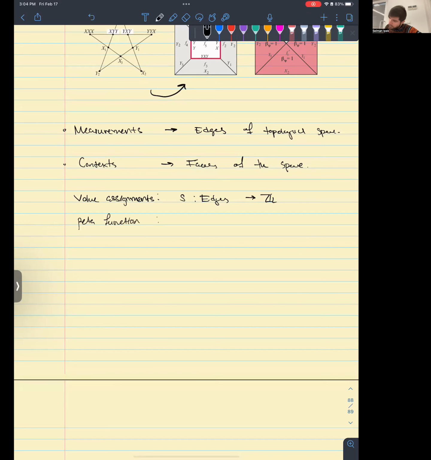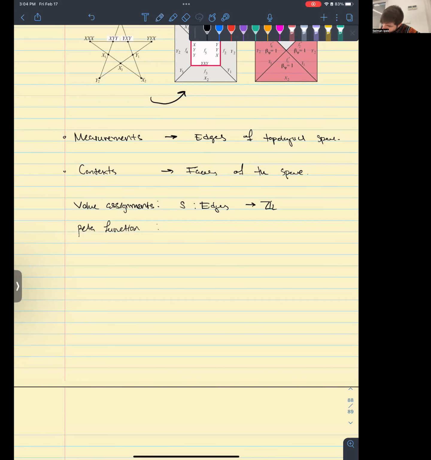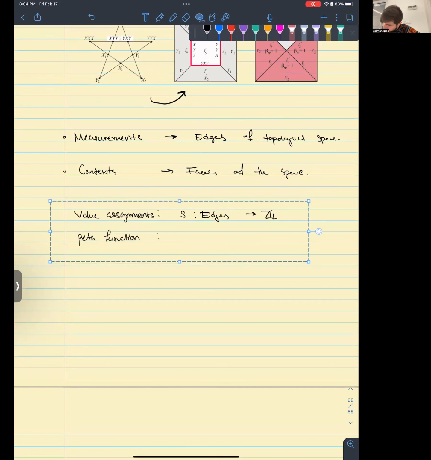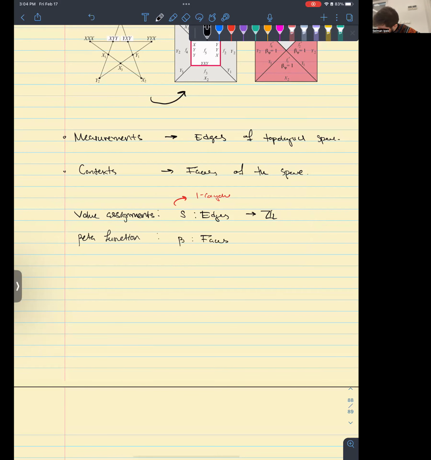Perhaps it's worth saying at this point that there's some more topological interpretation here. This is a one-cocycle. And then this beta is going to be a function from the faces to Z2. This is, to be complete, a two-cocycle, in the sense that Igor defined last time.